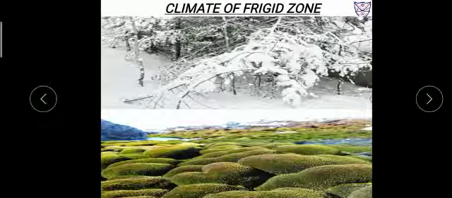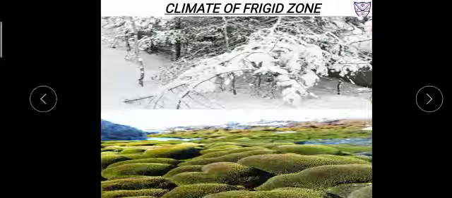The temperature varies between 3°C and 12°C. So the snow doesn't totally melt, still the temperature is 3 to 12° during summers as well. Rainfall may range from 15 to 30 centimeter in a year.